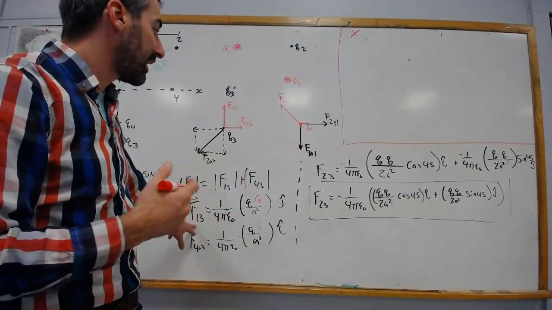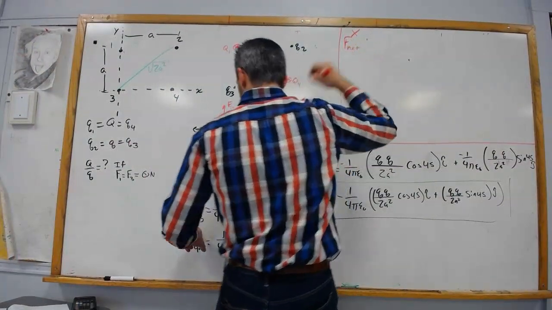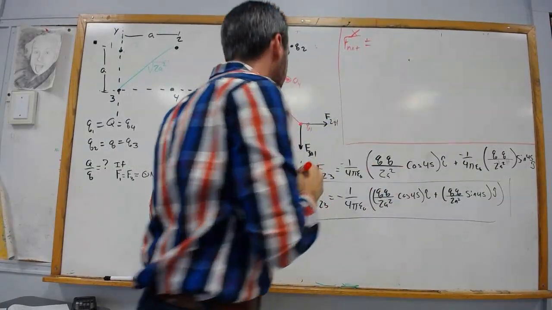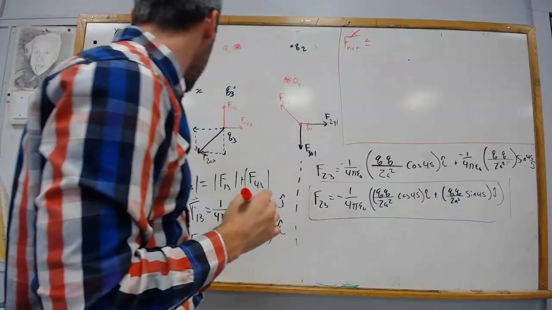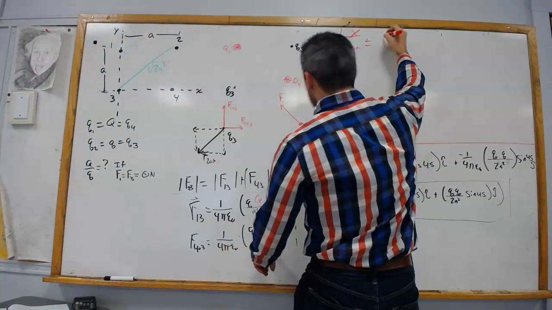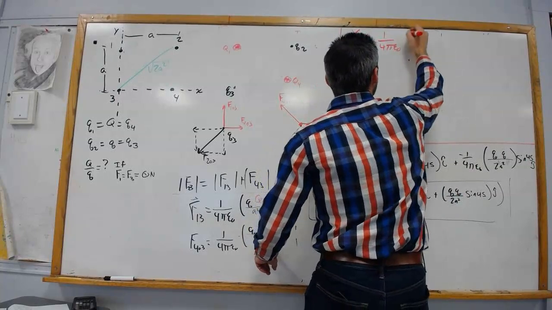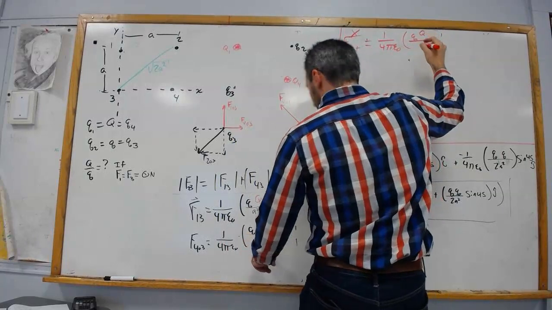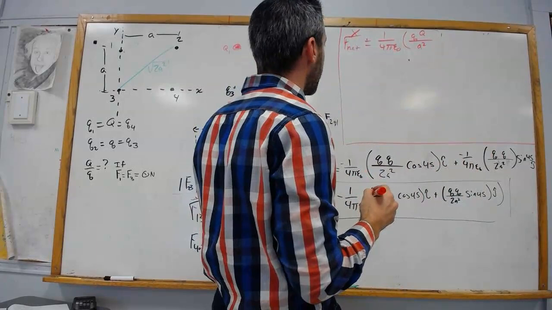So if I'm looking at F net in the x direction, F net in the x direction has got to be my i hat component here and my i hat component here. So I would say it is 1 over 4 pi epsilon 0 times little q, big Q, over a squared. That's in my i hat component.